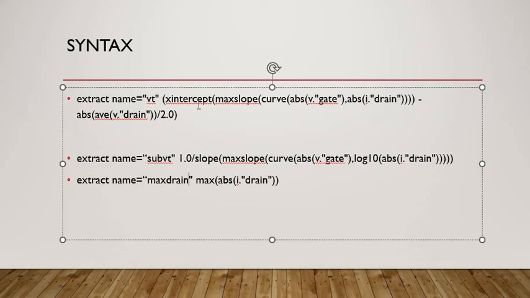You make an intercept on the x-axis and get the value. That value you subtract from the average of V drain, the absolute value divided by 2, and that gives you the threshold voltage.